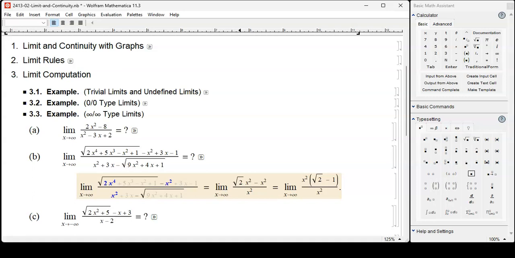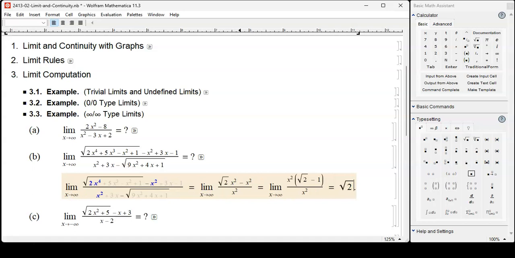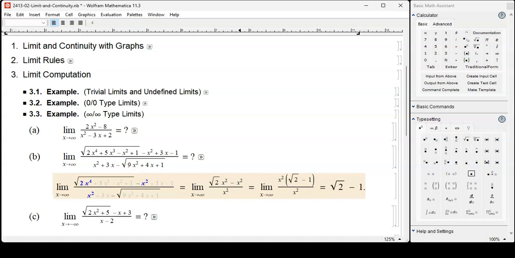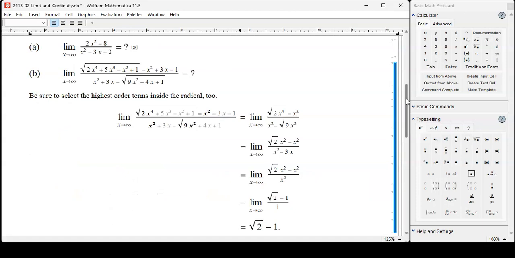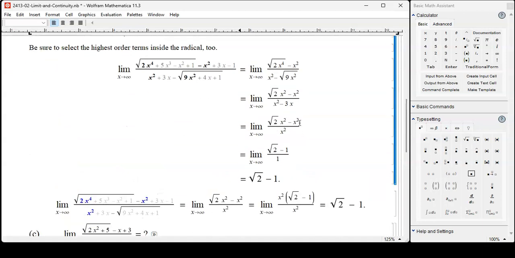Now I can factor. Now I can cross out. Cross out x squared. The answer is square root of 2 minus 1. That's the limit. Yeah, here I can cross out x squared.